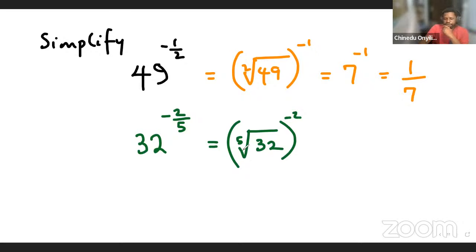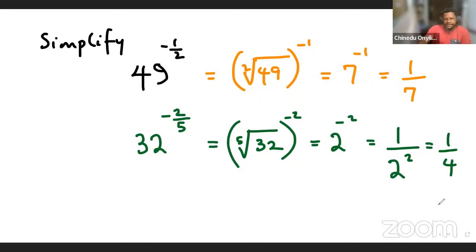Now, if you work out the fifth root of 32, obviously that's going to give you 2. And of course, remember to add the power of -2 here. Now, this to the power of -2 is the same thing as saying 1 over 2 to the power of 2, and that will be 1 over 4.